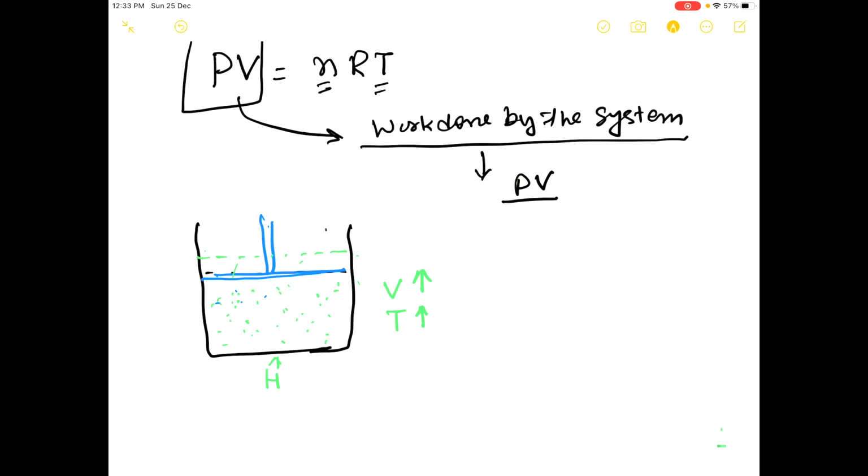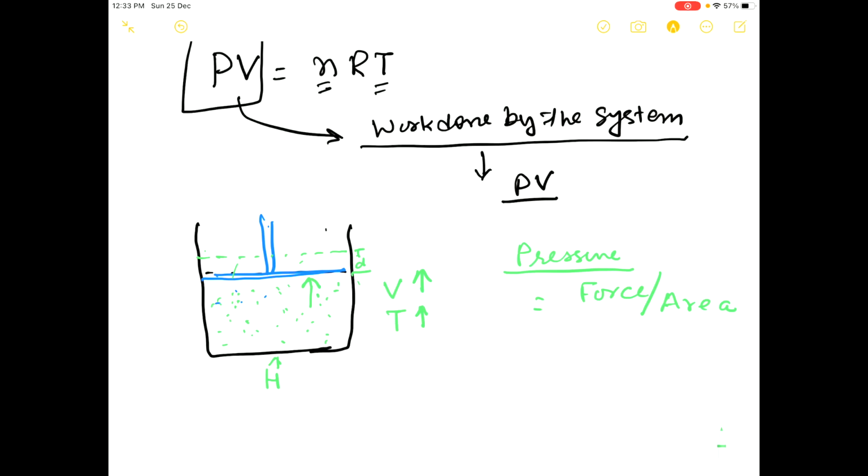So the system will do some work on this piston, and piston will move by this distance, let us say d. So what is pressure? We have studied in our earlier classes that pressure is force per unit area.